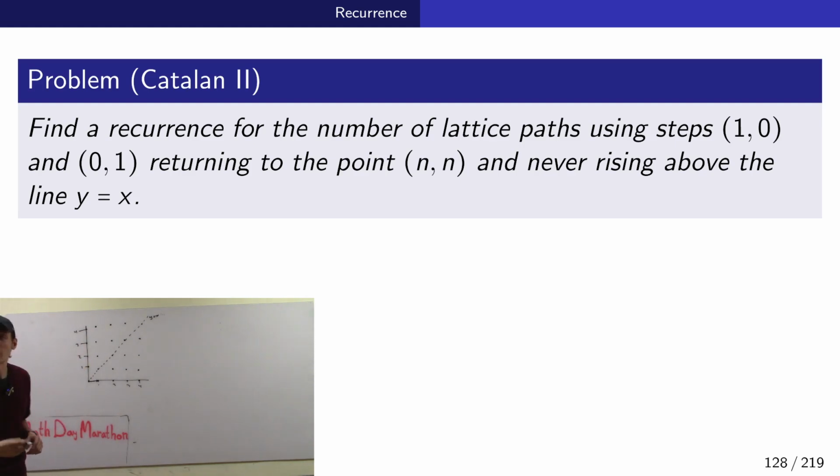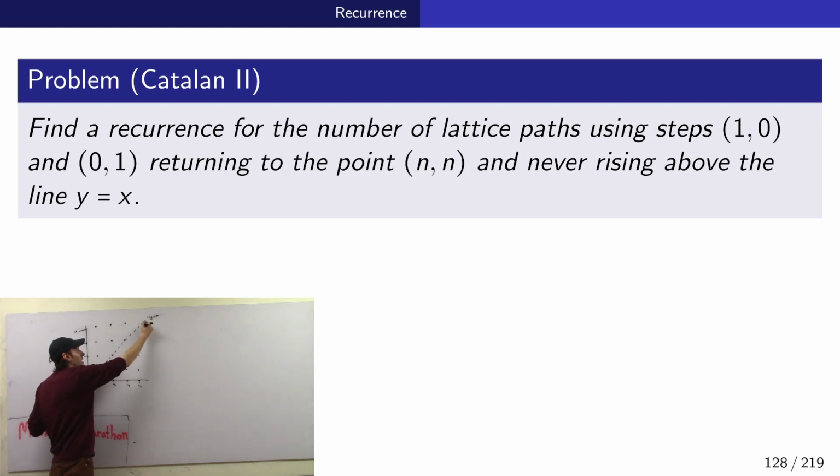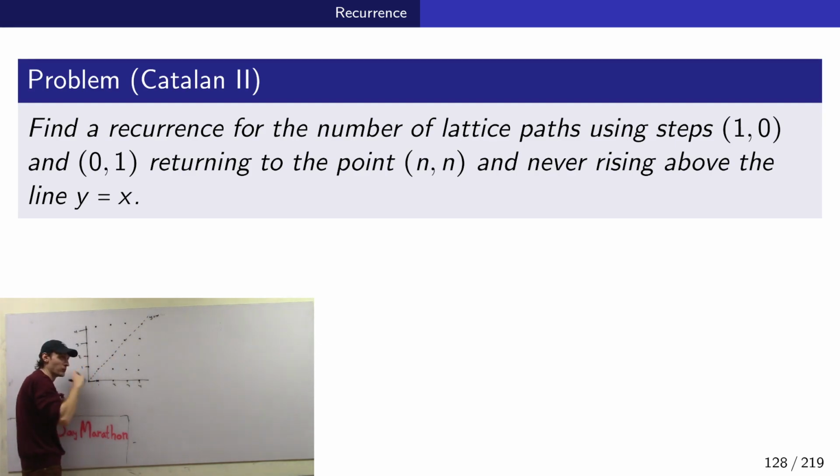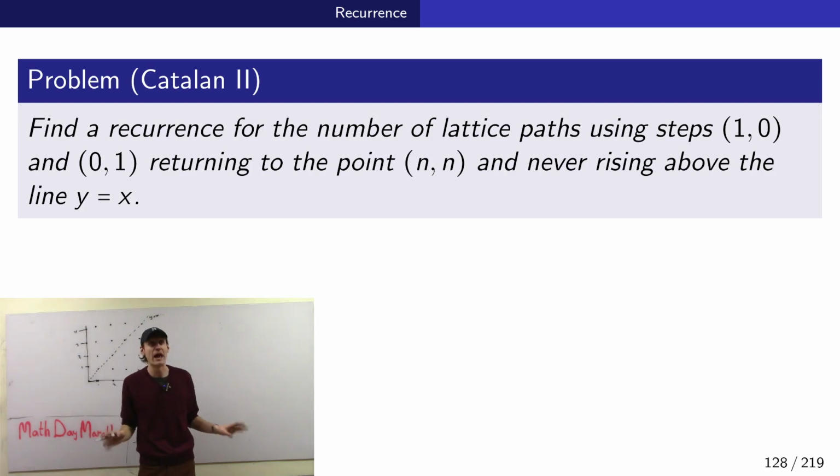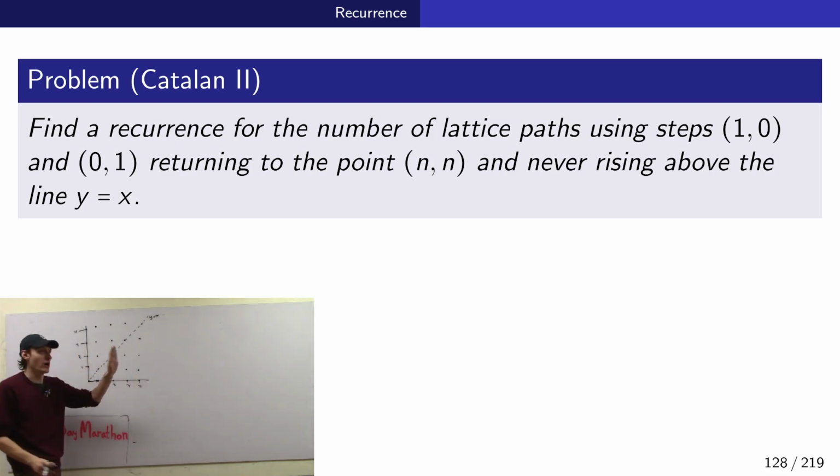I have some sort of path that goes here, but it ends up at some point along the line y equals x. Again, any point of the form n, n will be on the line y equals x. So I'll just draw a picture of some path to the point 3, 3 that does this. Maybe this is 1, move this way, move up, move over 2, move up 2.